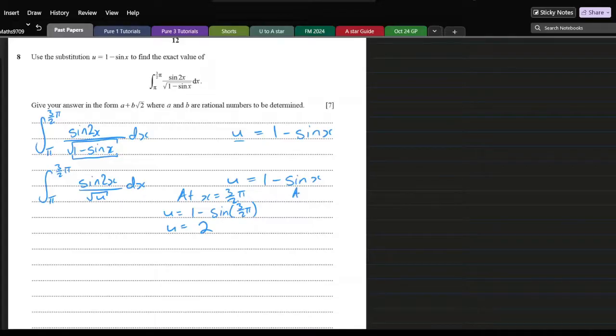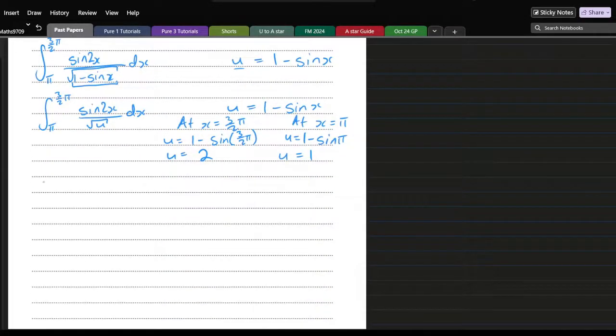And then at x equal to pi, that's the lower limit, u is equal to 1 minus sine pi, that would give us a 1 since sine pi is 0. Okay, so our new limits are from 1 to 2, and we're integrating sine 2x over root u.